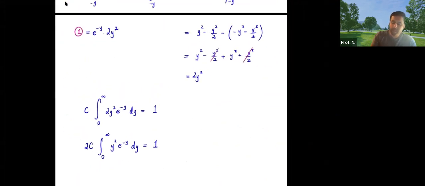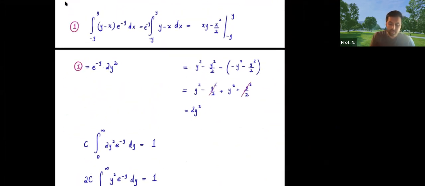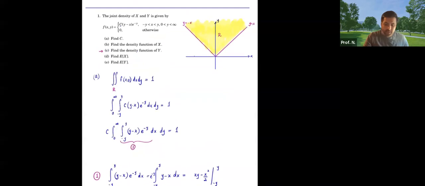So far, so good. Are you guys getting the same thing? Are we all on the same page? Think so? A lot of this is just a real calculation based problem.